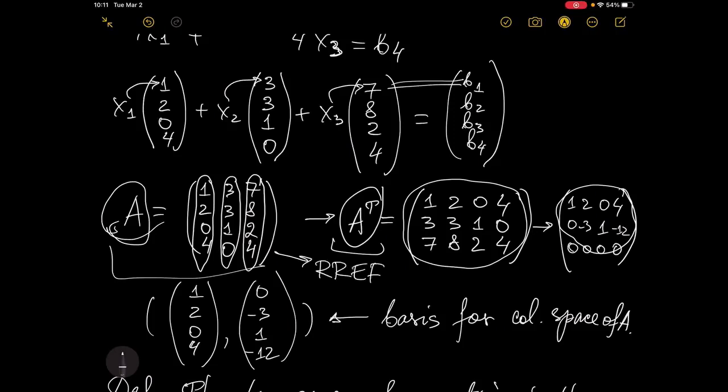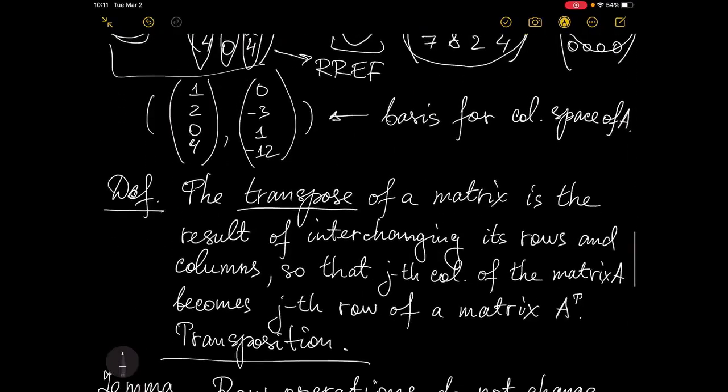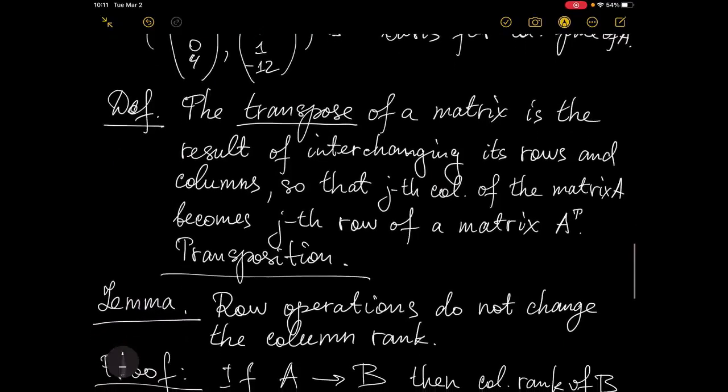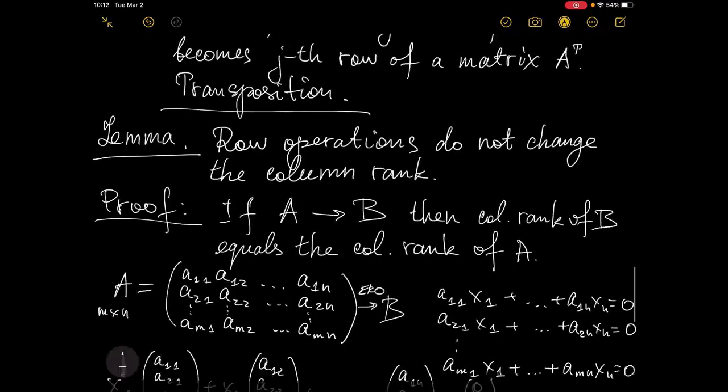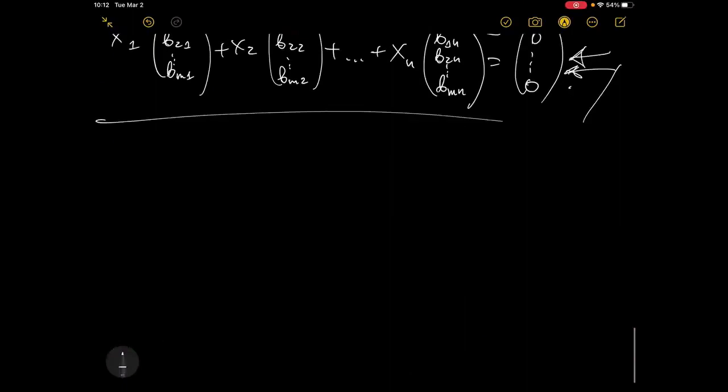Then I know that the columns corresponding to leading ones are linearly independent, and so these columns form a basis. Let me show you an example.